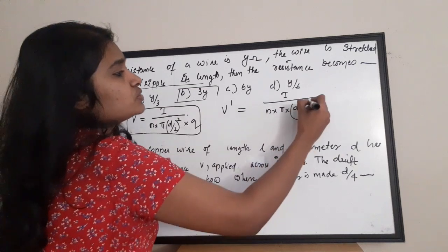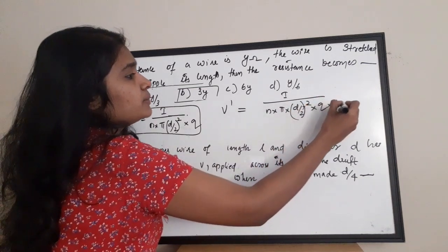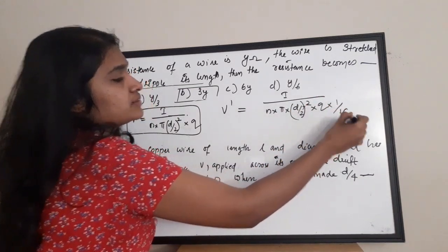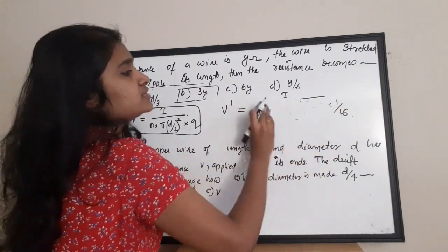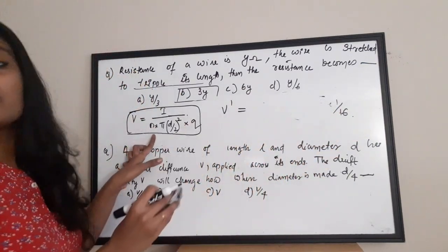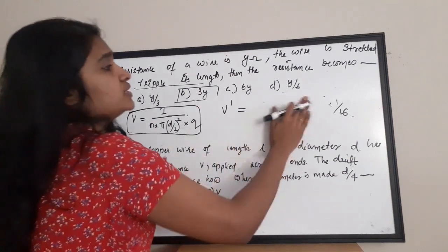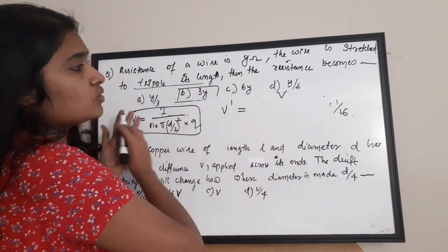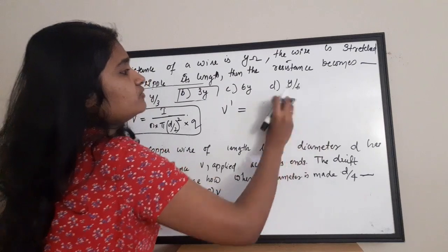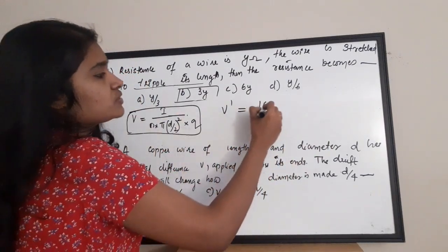So D by 2 the whole square into Q, into 1 by 4 square is 16. So you can write this as your original drift velocity V divided by 1 by 16, or 16V will be your new drift velocity.